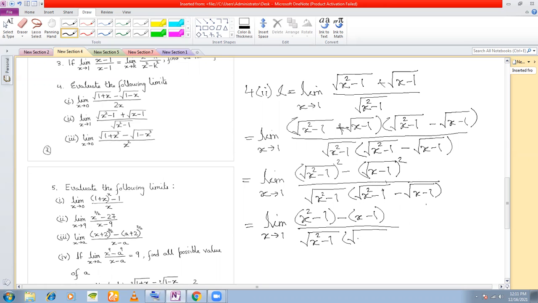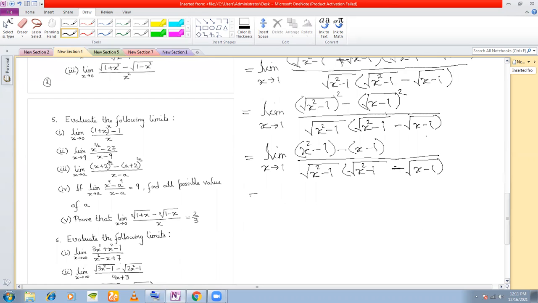And the denominator we write as it is. Okay. Now we simplify the numerator further by removing the brackets.